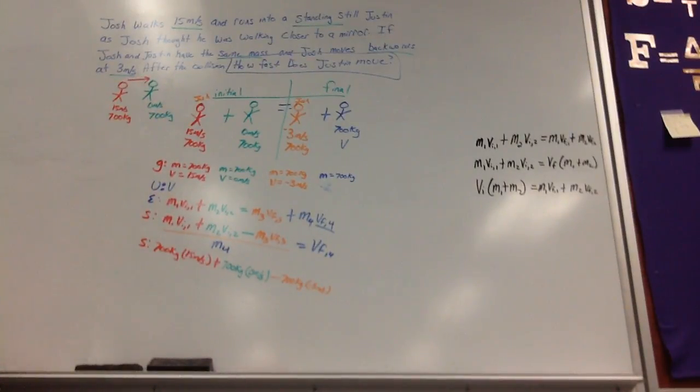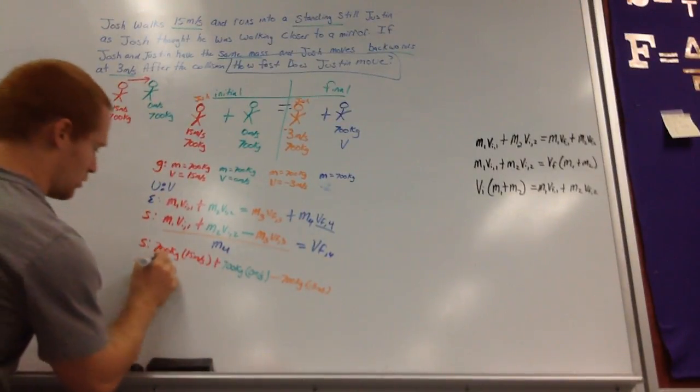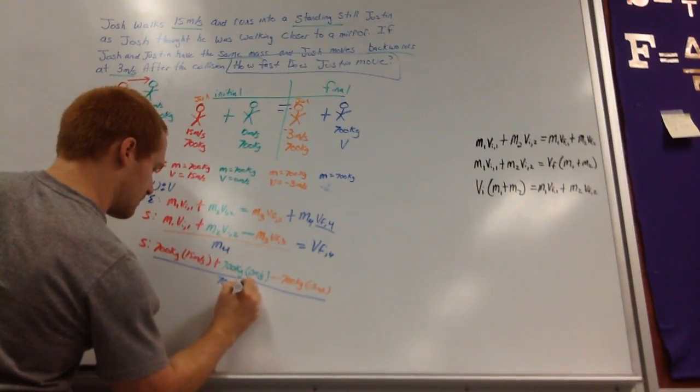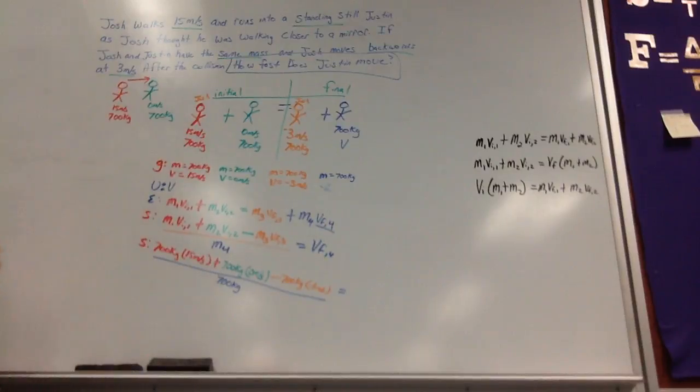And now we're going to divide by Justin's mass, which was 700 kilograms. So we're going to get 18 meters per second.